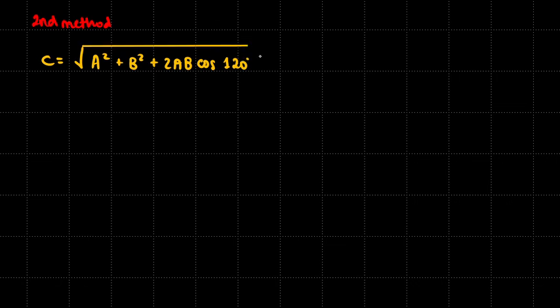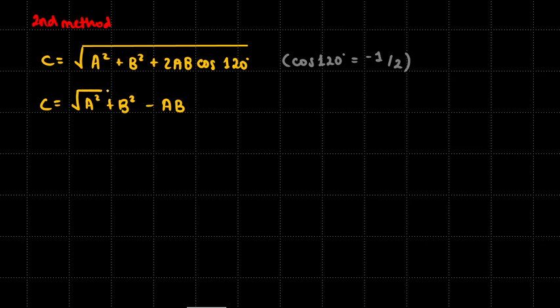You can do the mental math in your brain, and I think it gives us A squared plus B squared minus AB, and actually this is greater than the magnitude of A minus B.